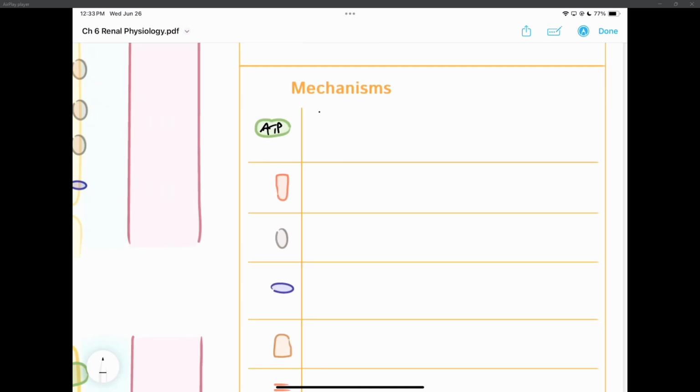What's the most common ATP pump we have? Yep. Sodium potassium pump. This rectangular up and down one in red is a co-transporter. The oval one is facilitated diffusion.